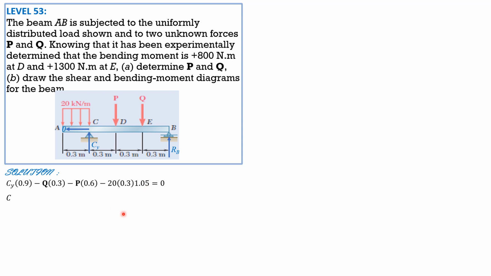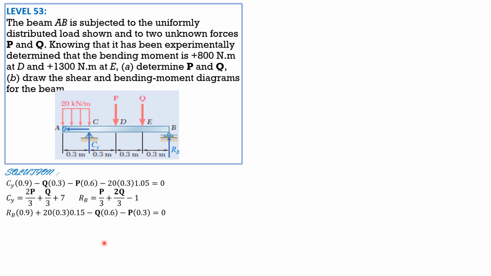Simplifying, Cy equals 2P over 3 plus Q over 3 plus 7. Likewise, summation moment about C equals 0, R sub B times 0.9 plus 20 times 0.3 times 0.15 minus Q times 0.6 minus P times 0.3 equals 0. Simplifying, R sub B is equal to P over 3 plus 2/3 of Q minus 1.